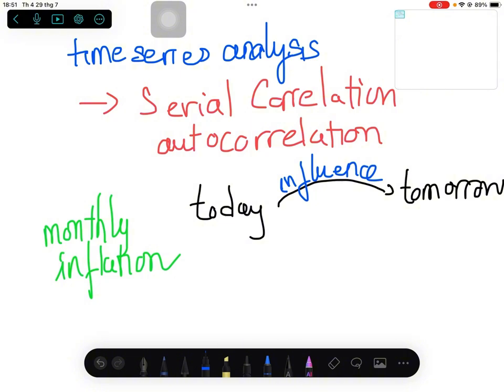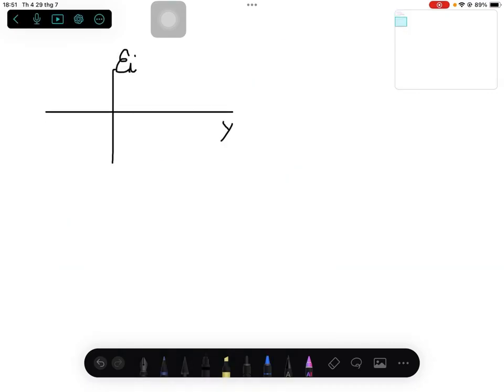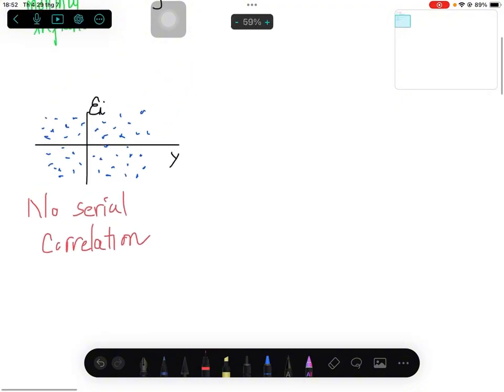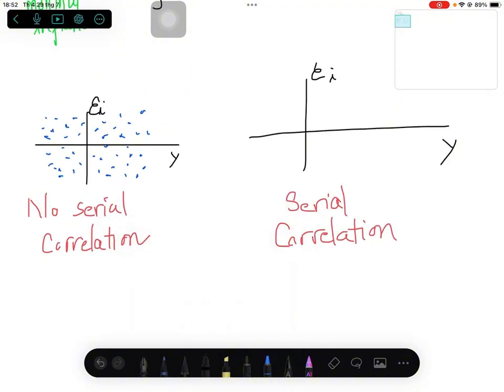Instead of each residual being independent, they become connected across time. Positive serial correlation is especially common in financial and economic data.